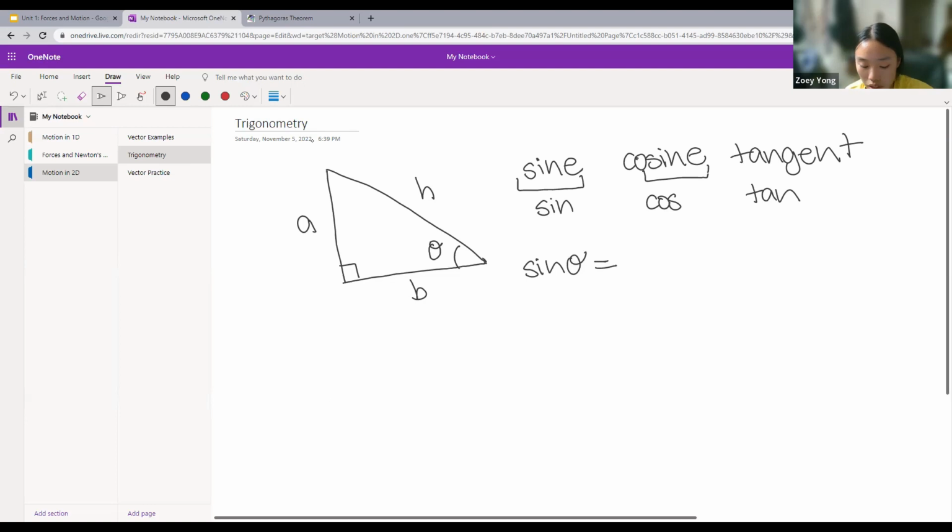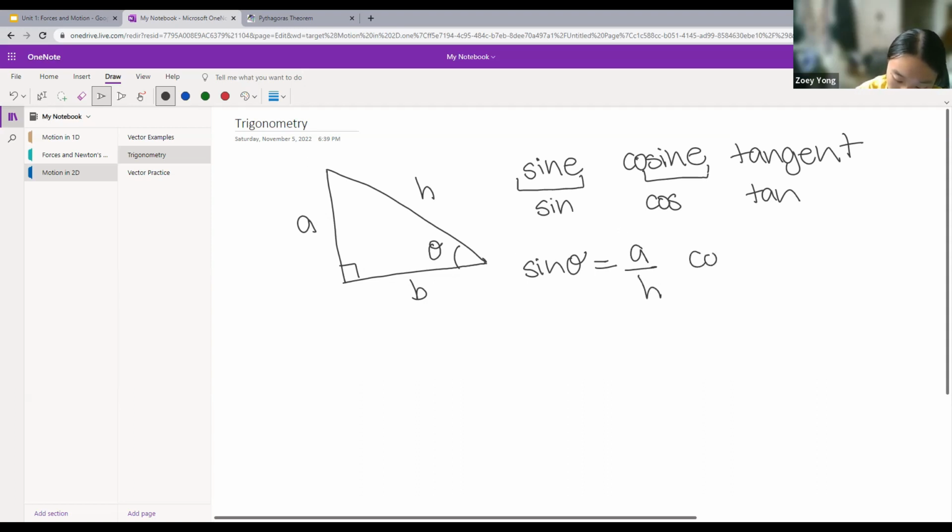And how you find that number is that sine theta is always equal to the opposite of this angle. What's the opposite? It goes directly across and is not touching this angle. You can see side B and side H are touching this angle, so it's not B and H, it's A. The opposite is A, over the longest side.